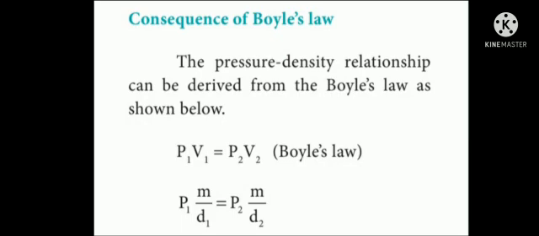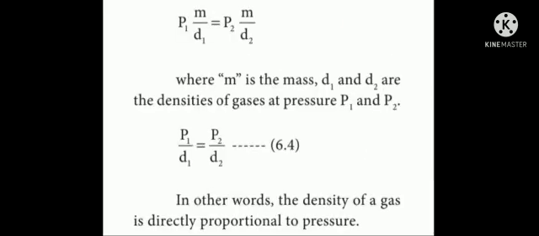Substitute the values in the equation. We will get P1 into m divided by d1 is equal to P2 into m divided by d2. Here m is mass, and d1 and d2 are the densities of gases at pressure P1 and P2.